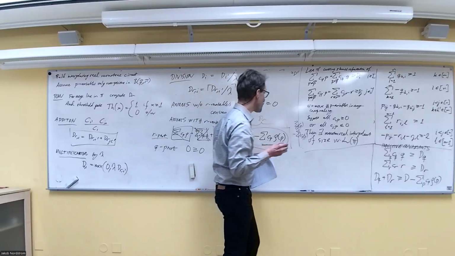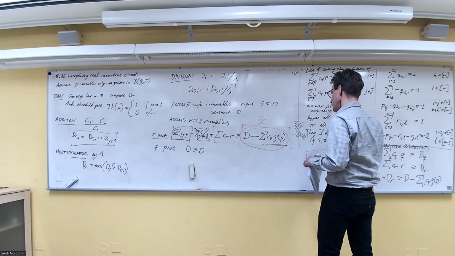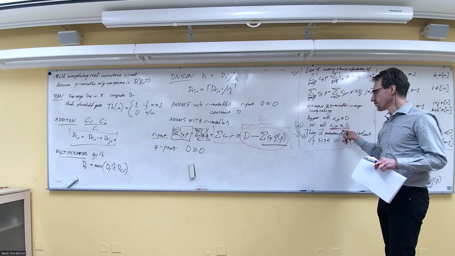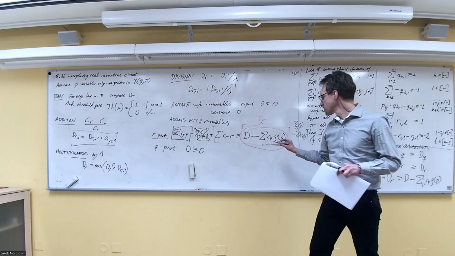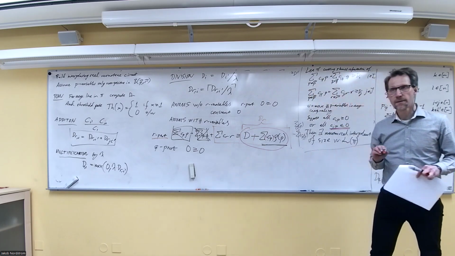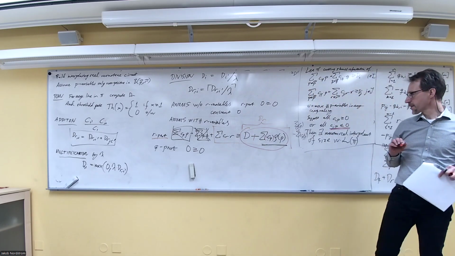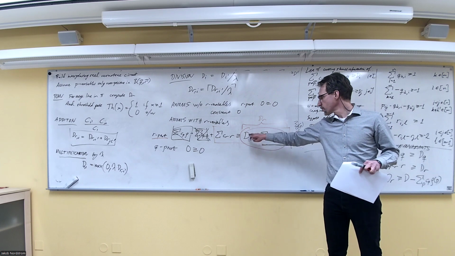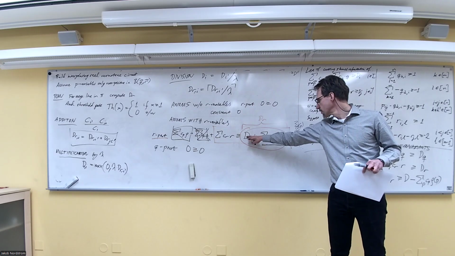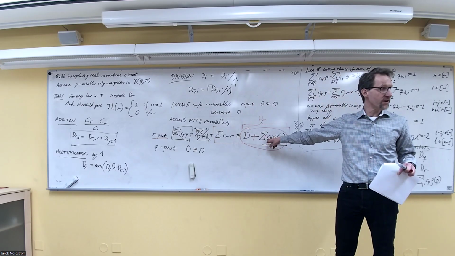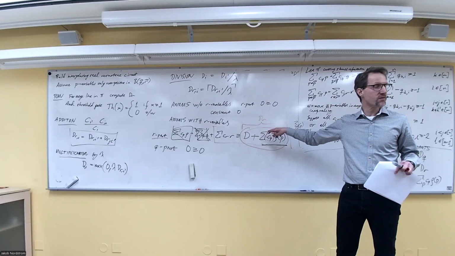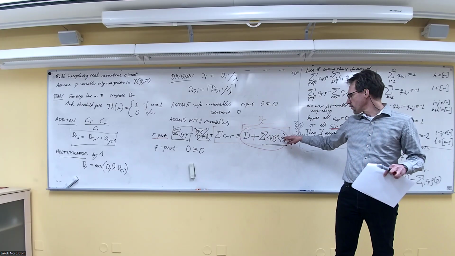And here is where we're going to use the promise that all of these guys are non-negative. So this is actually plus minus this. Okay. So this is a number which I can just hardwire into the circuit. This is a positive number. And here I just sum up the values of the rows.